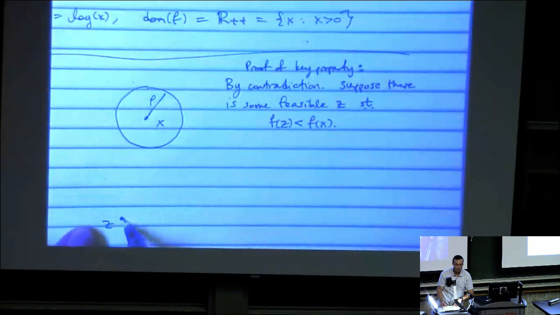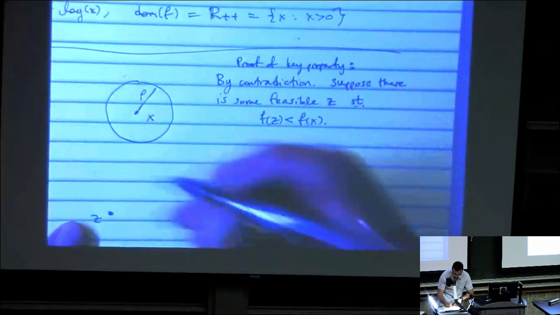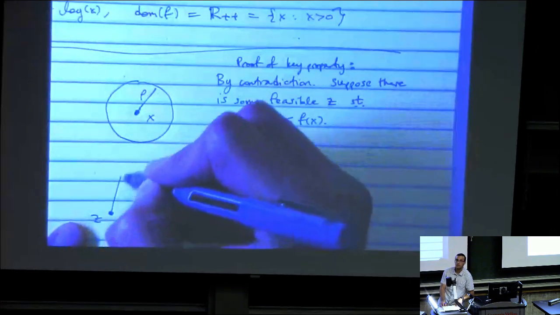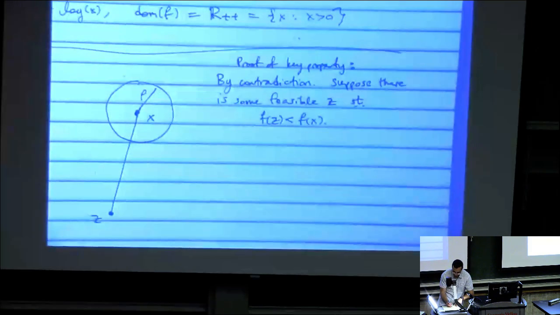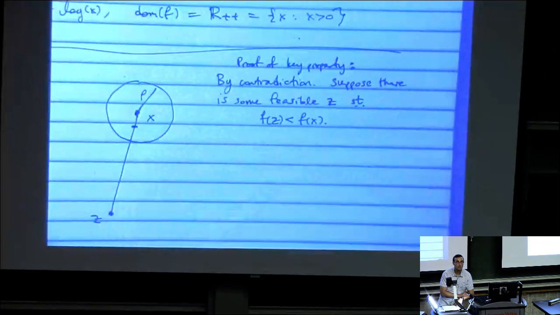So what we're going to do is actually look at the line segment joining z and x, and look at a point on that line segment that's in the ball. And we're going to prove using convexity that if f of z is smaller than f of x, then that also must be true of this point.